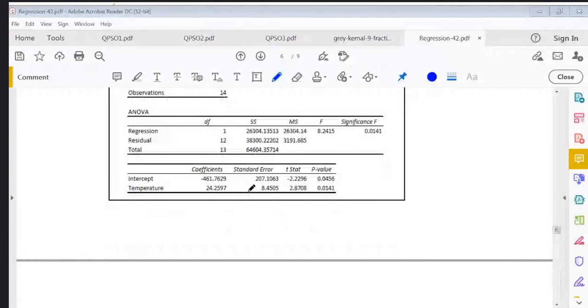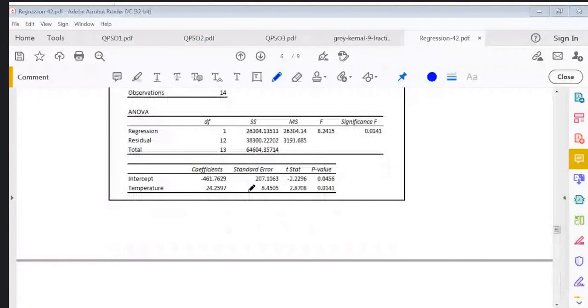When you look at the slope for this one, it is positive. This is a positive relationship.